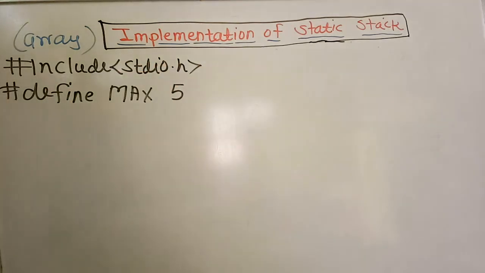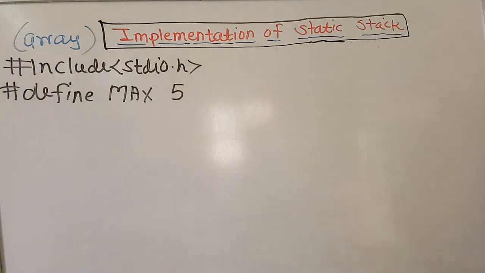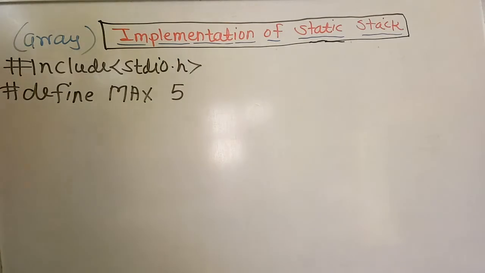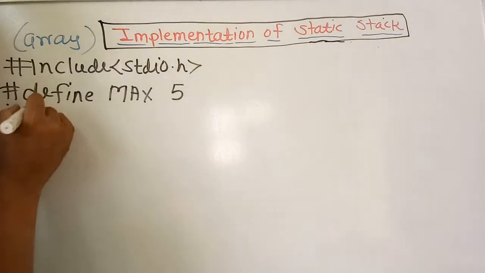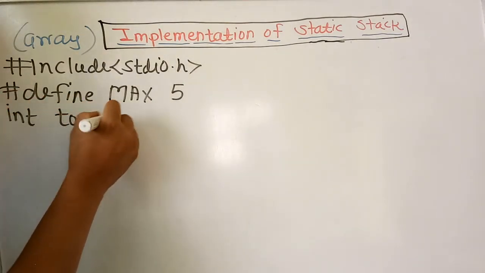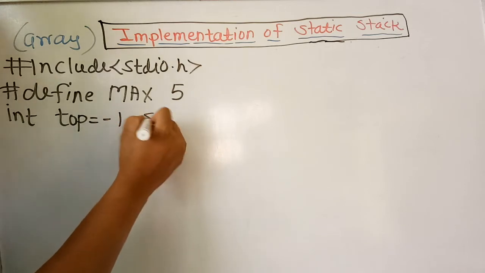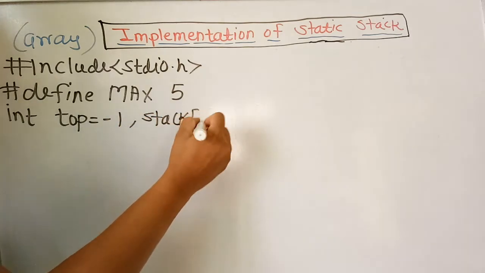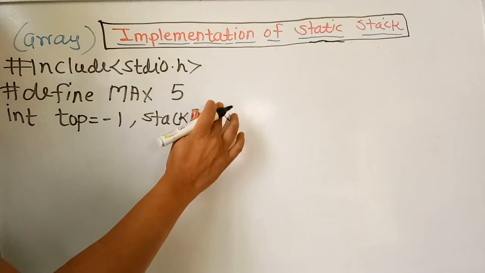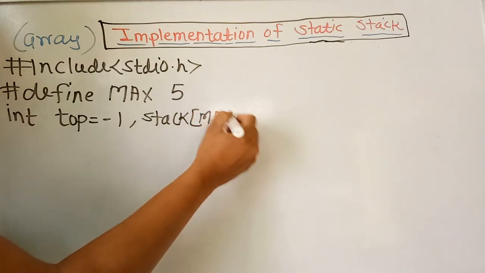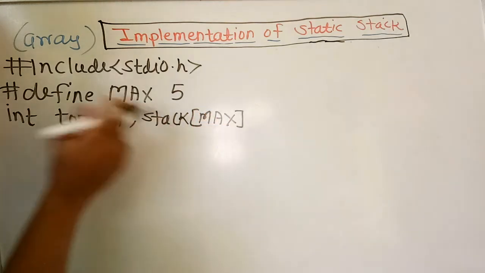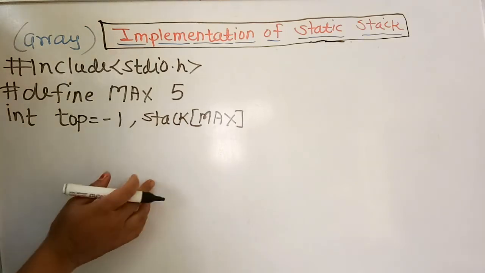We all know that the macro definition cannot be ended with a semicolon. Now, we will initialize some variables globally, that is the integer top equals -1 and stack with the value MAX. It is nothing but plain variable initialization, but by the macro mechanism.